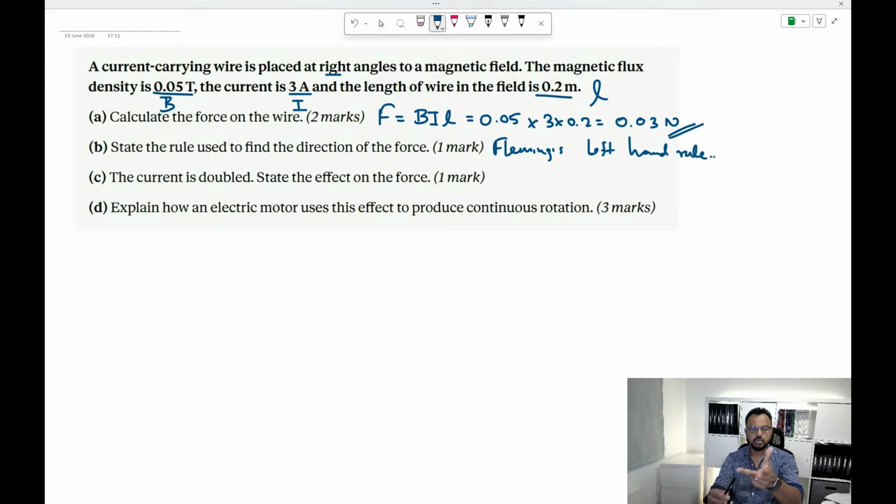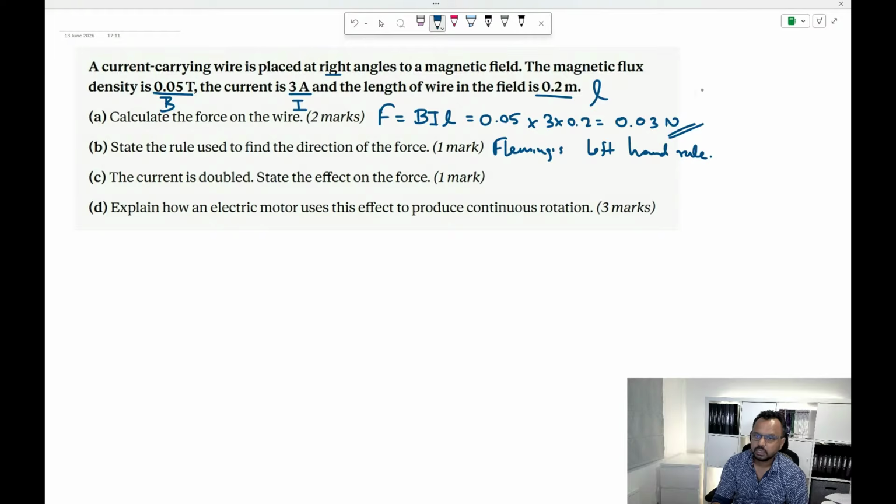I for current. What Fleming's left-hand rule says is, when the first three fingers of your left hand are held perpendicular to each other, such that your first finger is in the direction of the magnetic field and the second finger is in the direction of the current, your thumb shows the direction of the magnetic force, FBI.